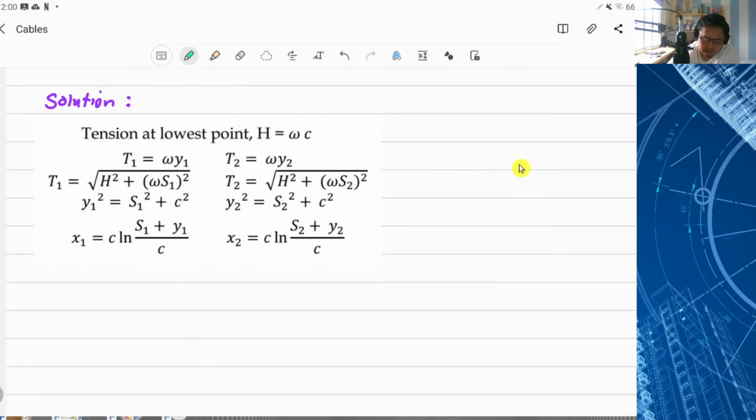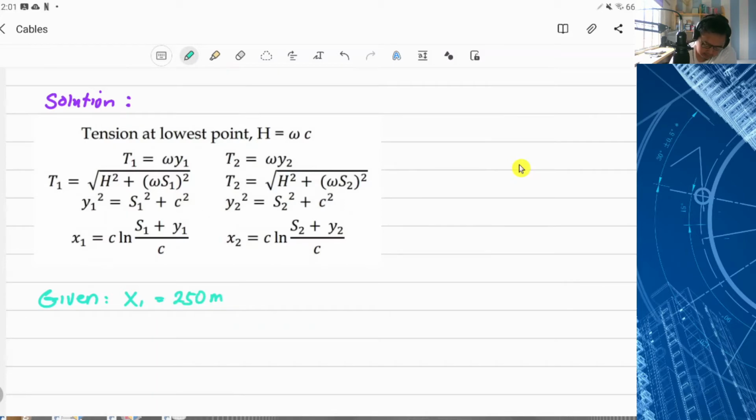So let's write that as given: x1 equals 250 meters. I will not consider the right segment of the cable anymore because this is symmetrical, so the answer is just the same as whatever result we get from the left support.